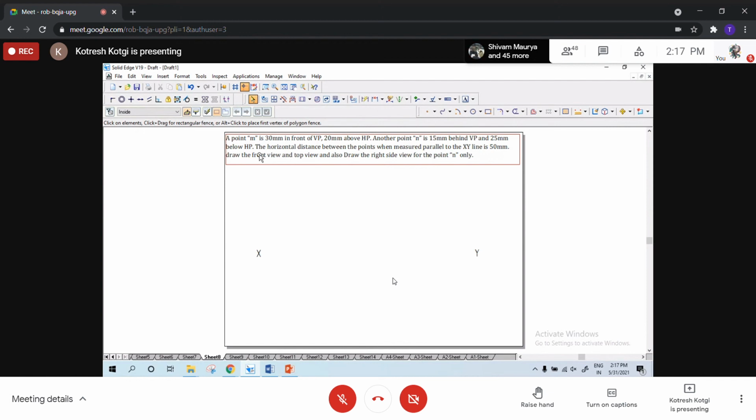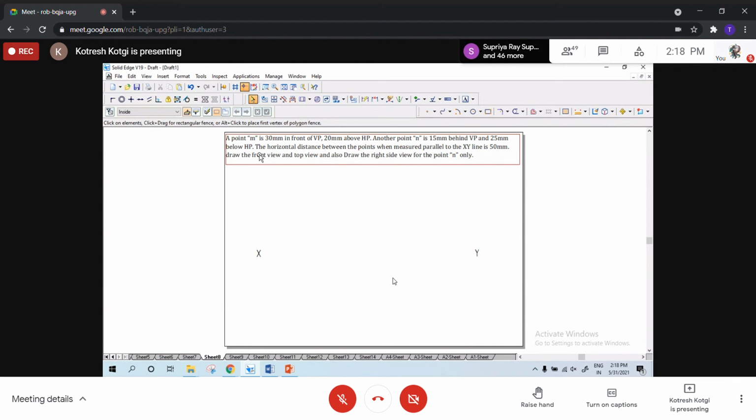The horizontal distance between the points when measured parallel to the XY line. It means if you measure the distance between M and N, parallel to XY line, it is 50 mm. Draw the front view and top view and also draw the right side view for the point N only.